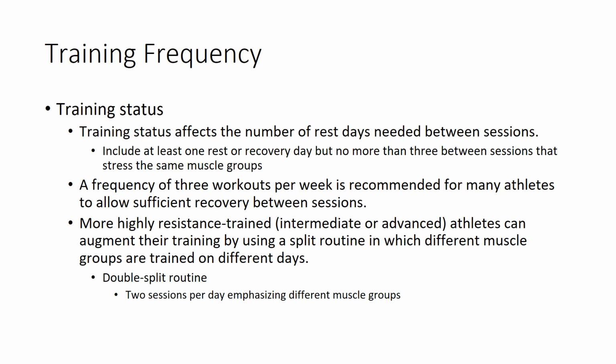This can be increased to 4 sessions per week, 5, 6, and in some cases even 7 days. But a general rule of thumb is to schedule the training sessions to include at least 1 rest or recovery day, but no more than 3 between sessions of the same muscle groups. If not, we can possibly see a loss in adaptation.